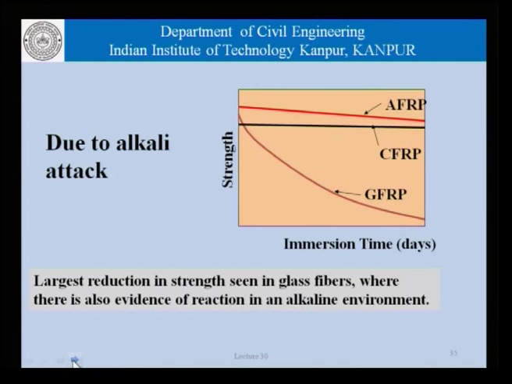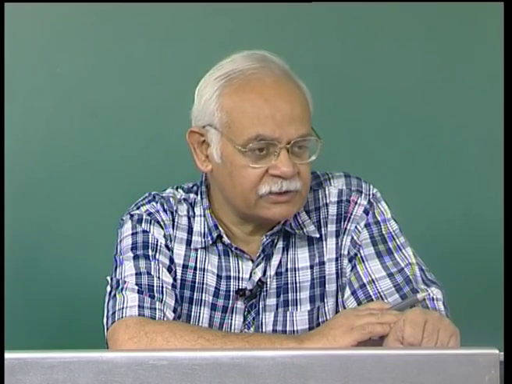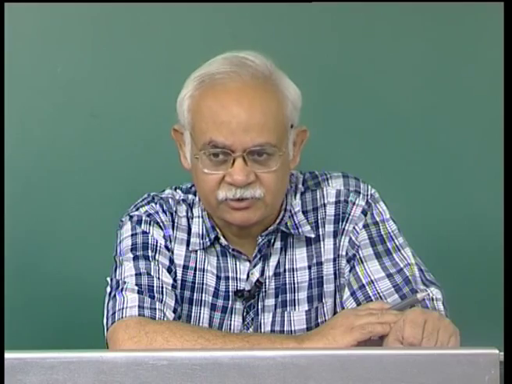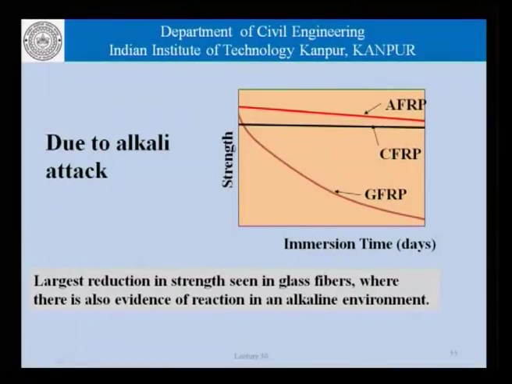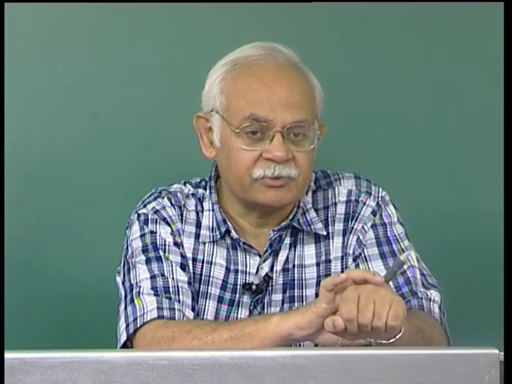Why alkali? Because we know that the concrete is alkaline, and the fibers or the CFRM are in contact with the high alkaline solution that we talked about last time. If we look at the change in strength with immersion time in a high pH environment, we find that glass is particularly vulnerable as far as its durability in a high alkaline environment is concerned.